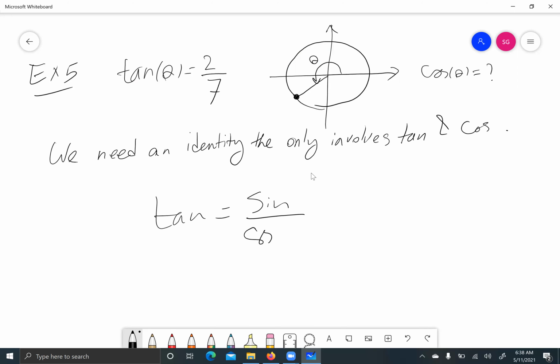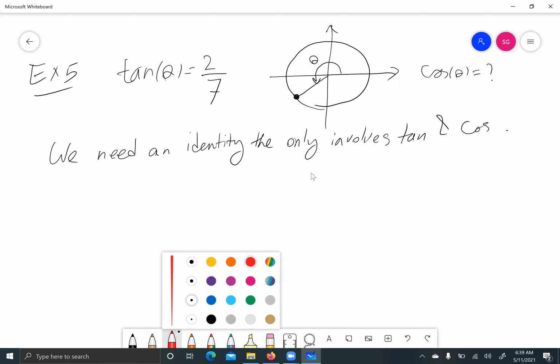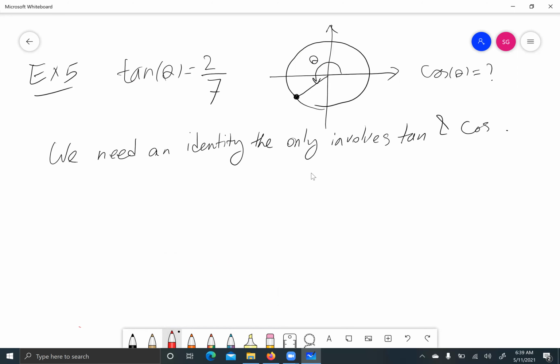The reason is that I know the value of tangent and I'm looking for cosine, but I don't have the sine. So this is not going to work, because I have two unknowns here. So I should look for an identity that only has tangent and cosine. Then I substitute the value of 2 over 7 for tangent, and then I can solve it for cosine.